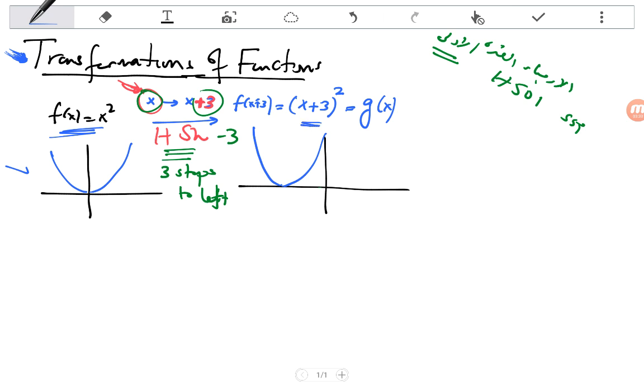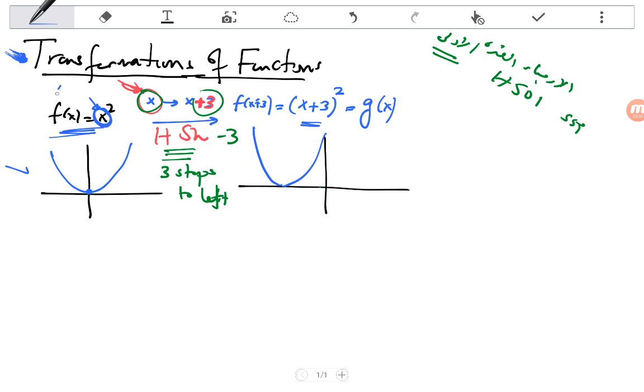Why would it be shifted to the left, not to the right? Now look, this point is very special. This is called the vertex of the graph. This happens whenever what is squared is equal to 0.